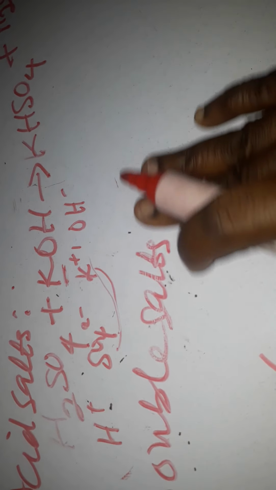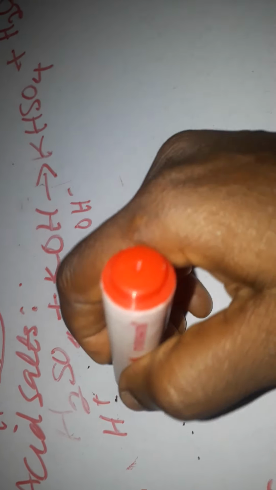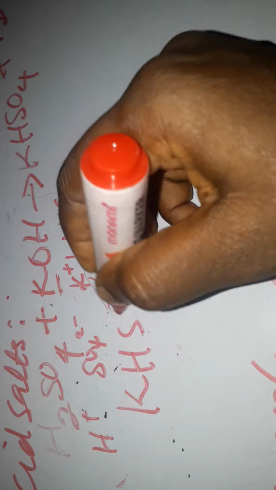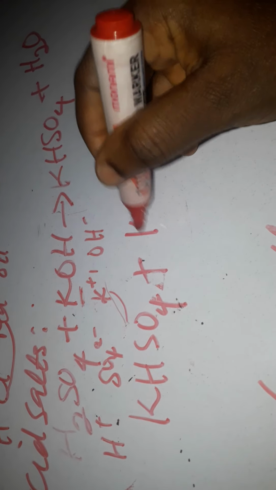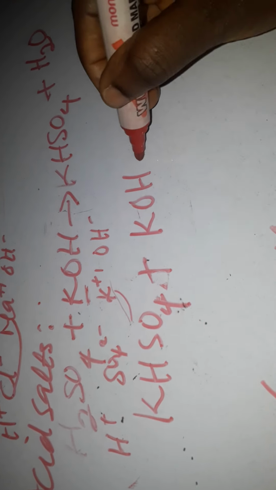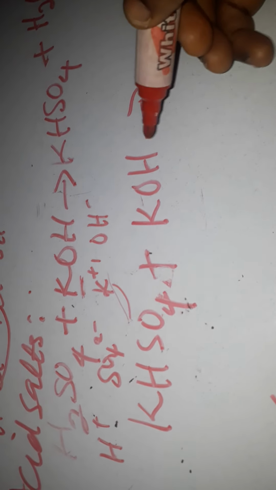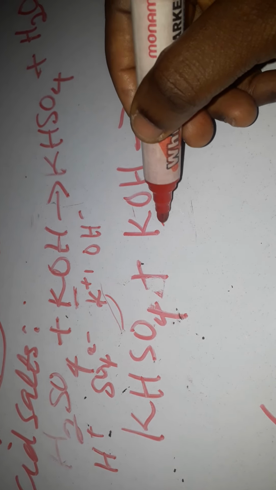Now, this potassium hydrogen tetraoxosulfate 6 can still react further with potassium hydroxide. It can still react further with a base again. Now, in this case, we have this taking the place of this.